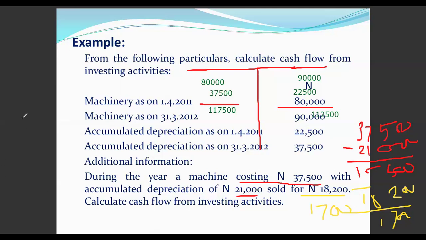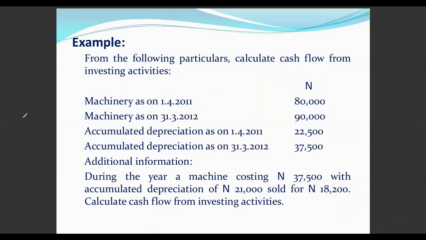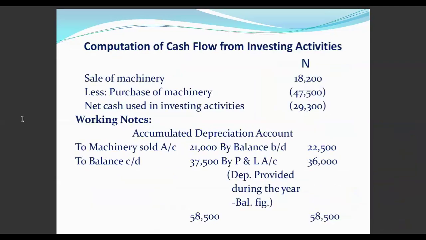So let's see the workings. So first we are calculating sale of machinery is 18,200, and how they calculated sale of machinery. We have opening balance of machinery which is sold.